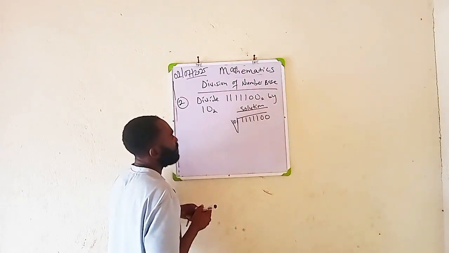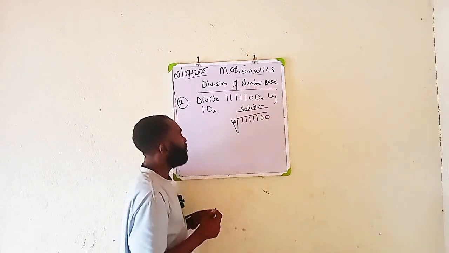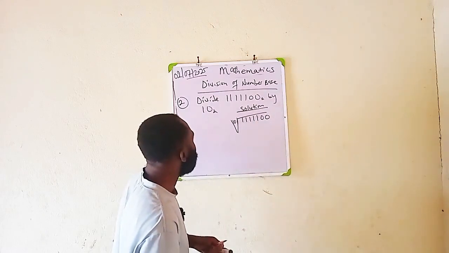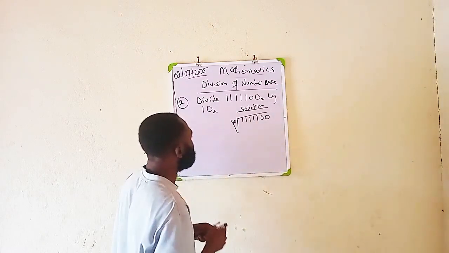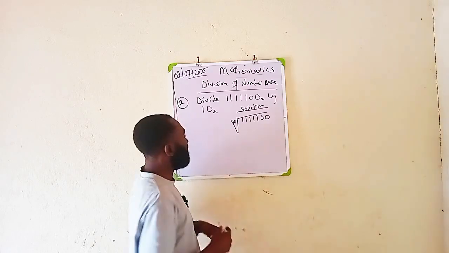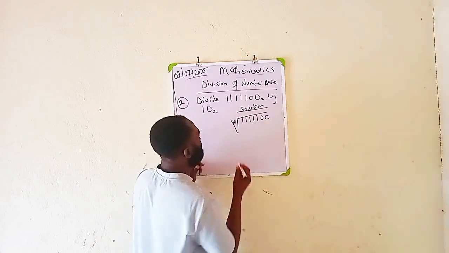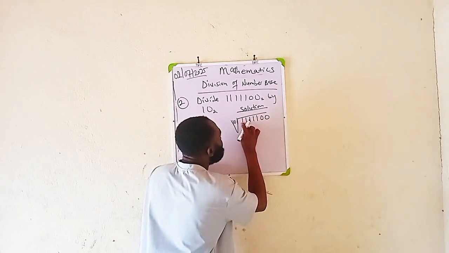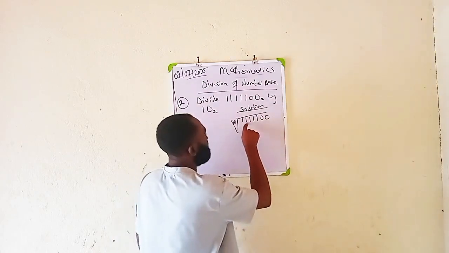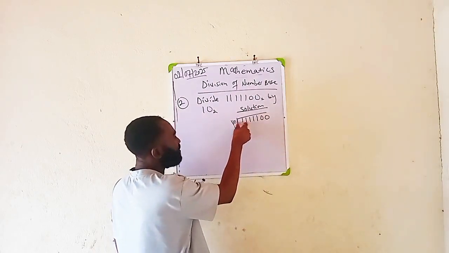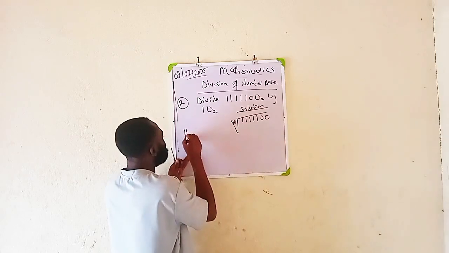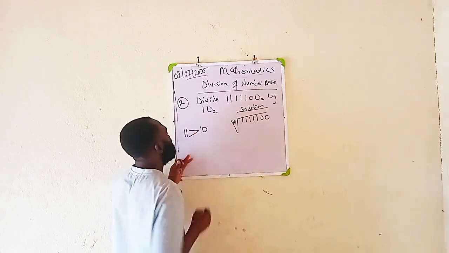Everything is in base 2. Using long division as we did in base 10, we check: can 1 divide 10? No. So we move to the next digit. Here, can 11 divide 10? Yes, 1 time, because 11 is greater than 10.